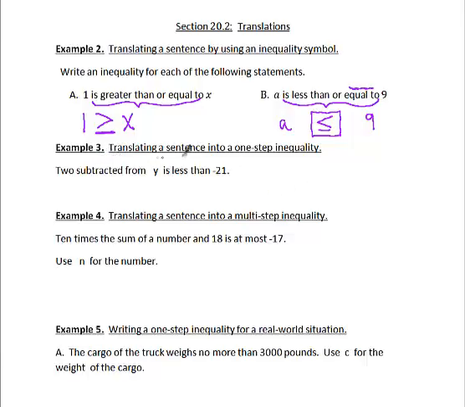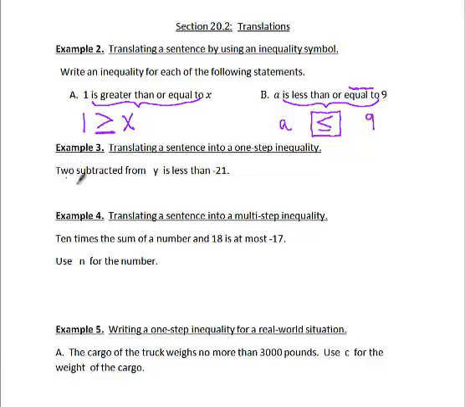Example 3, translating a sentence into a one-step inequality. 2 subtracted from y. Okay, in a previous chapter we spent a lot of time dealing with phrases that involve mathematical operations and translating them to mathematical symbols.